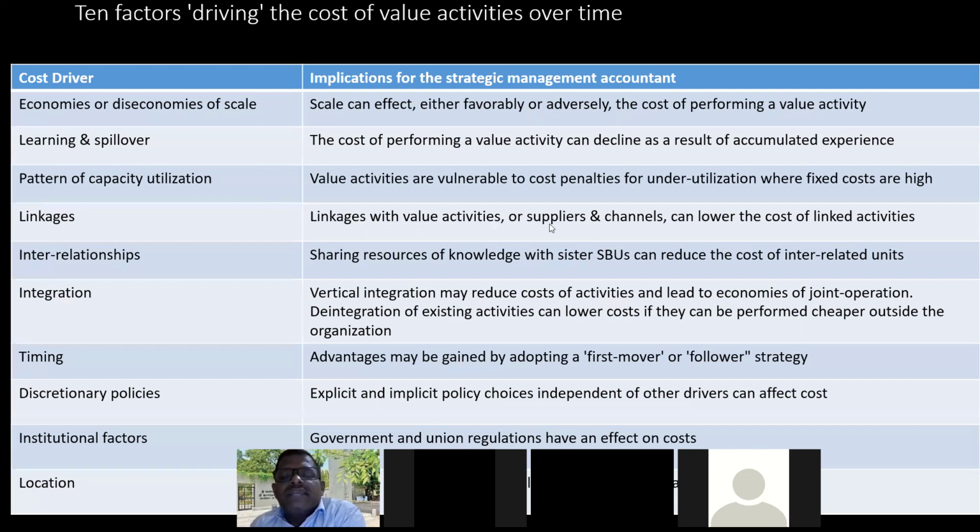Linkages with value activities, supplier channels, can lower the cost of linked activities. So certain activities have linkages with value activities, and supplier channels can lower the cost of linked activities. Then interrelationship: sharing resources and knowledge with a sister SBU can reduce the cost of related units.